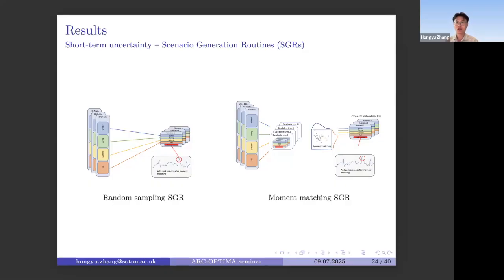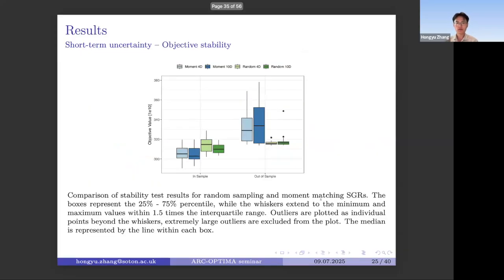The results are quite interesting and not what we expect. One way to evaluate the scenario generation method is to test the stability. Usually you have in-sample stability and out-of-sample stability, and what we find is quite interesting.